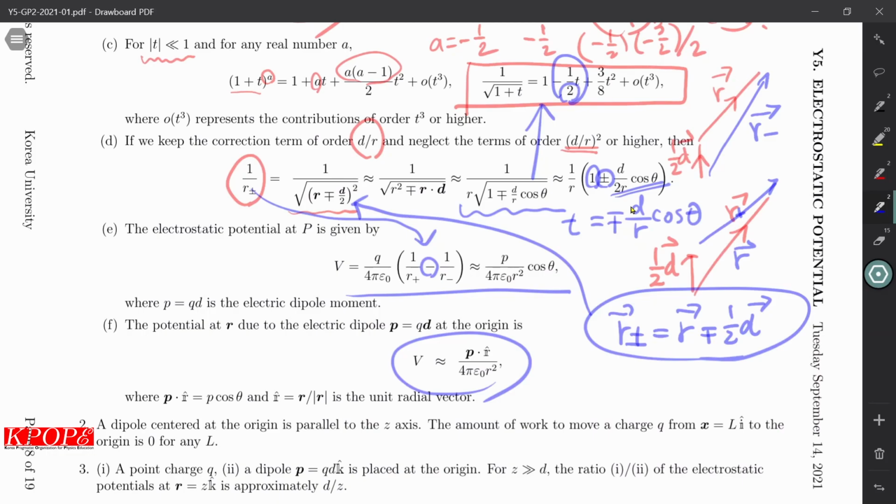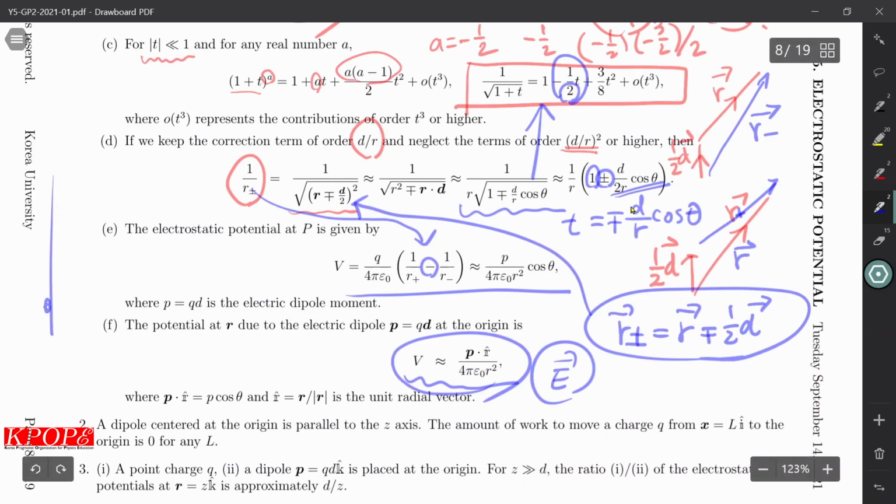We can take the derivative to find the electric field from this expression directly. Previously, we computed the electric field due to the dipole only along the z-axis.